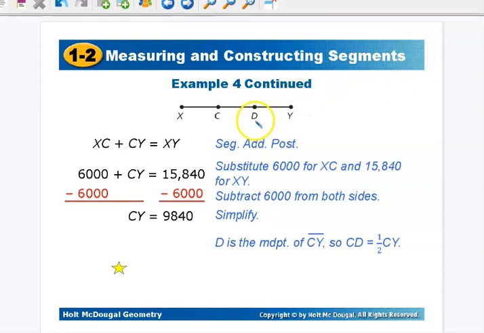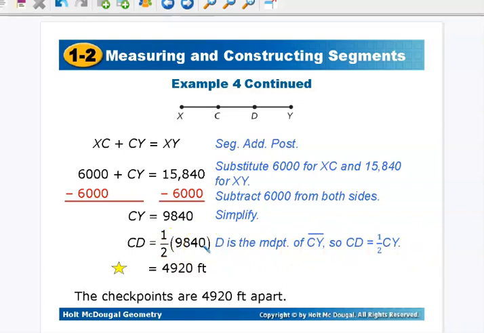If you remember from the information about the race, D is the midpoint. D here is the midpoint from here to here. It's in the middle, so guess what? If we want to find those distances, we can rewrite that CD is 1/2 of this total, 1/2 of that full distance from C to Y. Of means multiply, so if I take 1/2 of that, or divide 9,840 by 2, we end up with 4,920 feet.